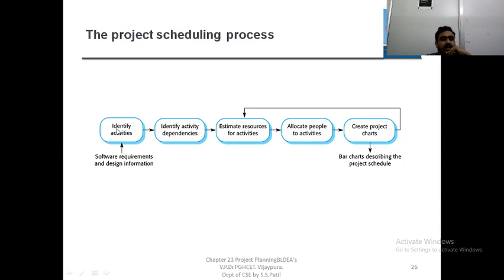So identify the activities and dependencies, estimate the resources for the activities, allocate people to activities, and create the project chart. If something goes wrong, then estimate again, allocate and do it.